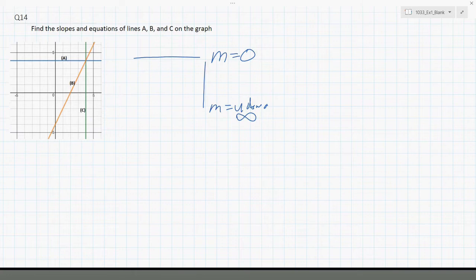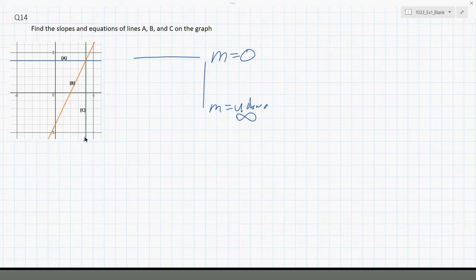And then we have one that is an actual equation that we can work with. As for the equation of the lines, if a line is either completely horizontal or completely vertical, it just equals the opposing value.